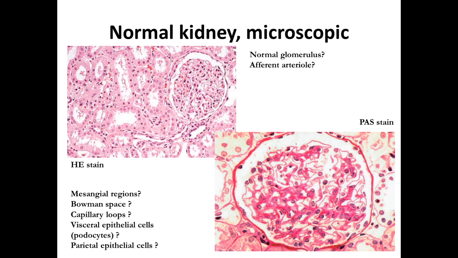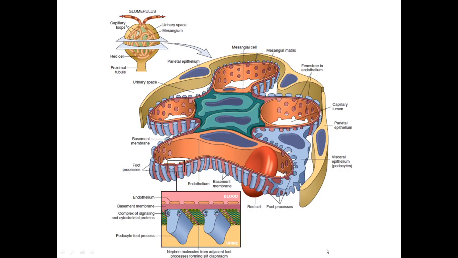The barrier to glomerular filtration consists of the following three components: the fenestrations between endothelial cells, the basement membrane, which consists of three layers, and of course the foot processes of the podocytes, the visceral epithelial cells, with filtration slit pores between the foot processes.